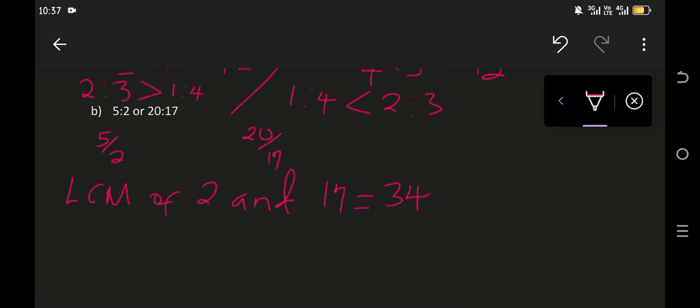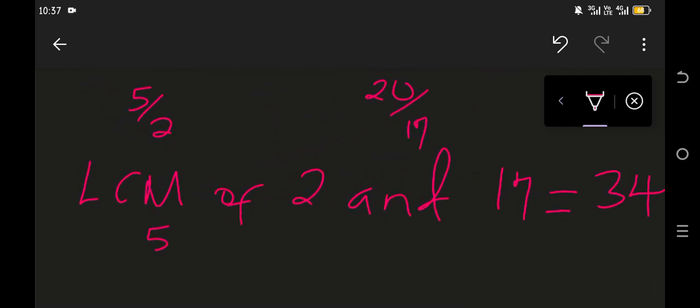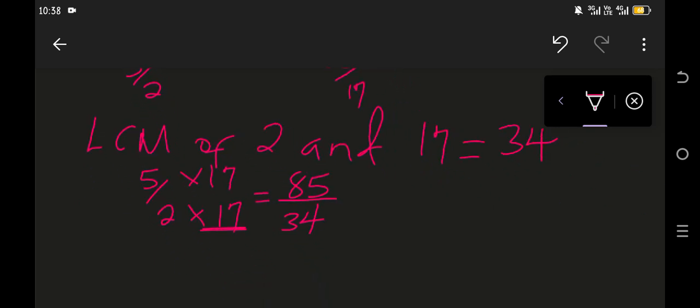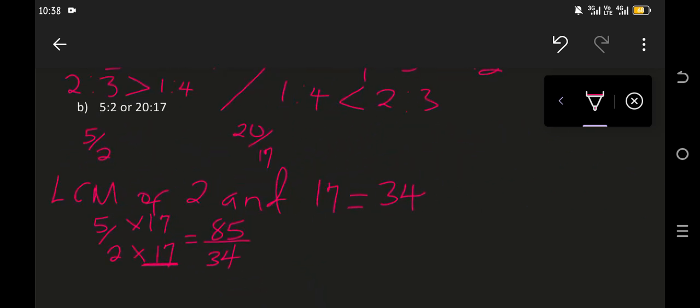Now we're going to look at the fraction 5 over 2. Which number will you multiply by 2 to get 34? That will be 17. The number that you use in the denominator is the same one that you will use in the numerator, so that we have 34 here, and 5 times 17 is 85. Next, we are going to take the fraction 20 over 17. Here, which number will we multiply with 17 to get 34? 2.